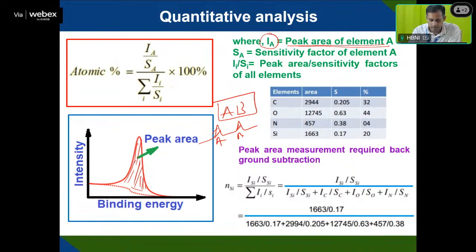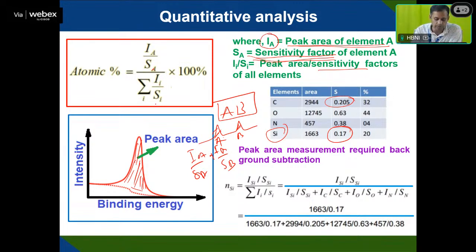Then you have a sensitivity factor SA, specific to each instrument and corresponding element. For example, for carbon the sensitivity factor is 0.29 and for silicon 0.17. If you know it, you can calculate the atomic percentage: the intensity IA, the peak area, divided by the sensitivity factor SA of that element, over the summation of IA by SA plus IB by SB.